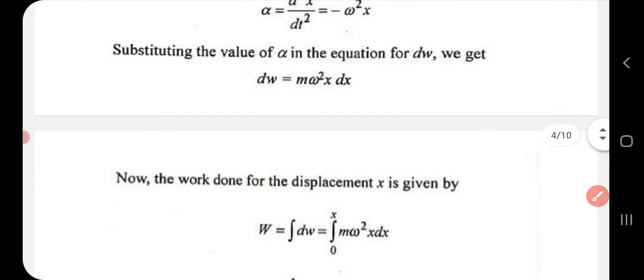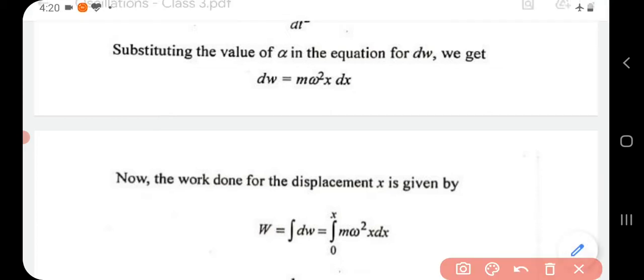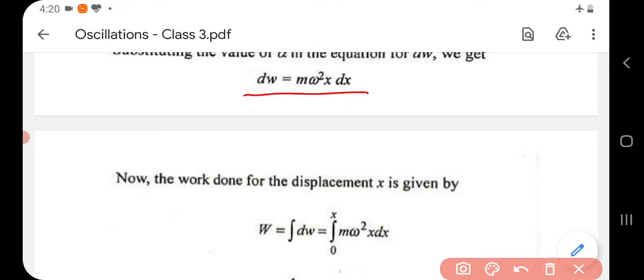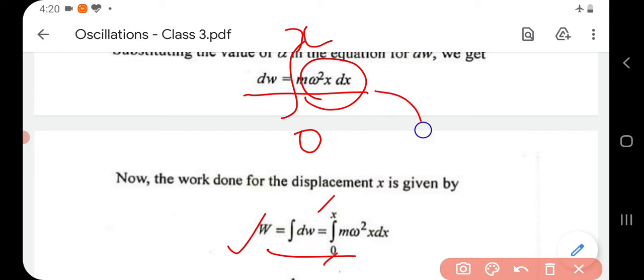Okay, so that is the small amount of work dw done in order to displace a particle through a small distance, say dx. Now in order to find the total work done, that is capital W, what do you have to do? You have to integrate this from 0 to x. That is capital W is equal to integral 0 to x of this one, m omega square x dx.